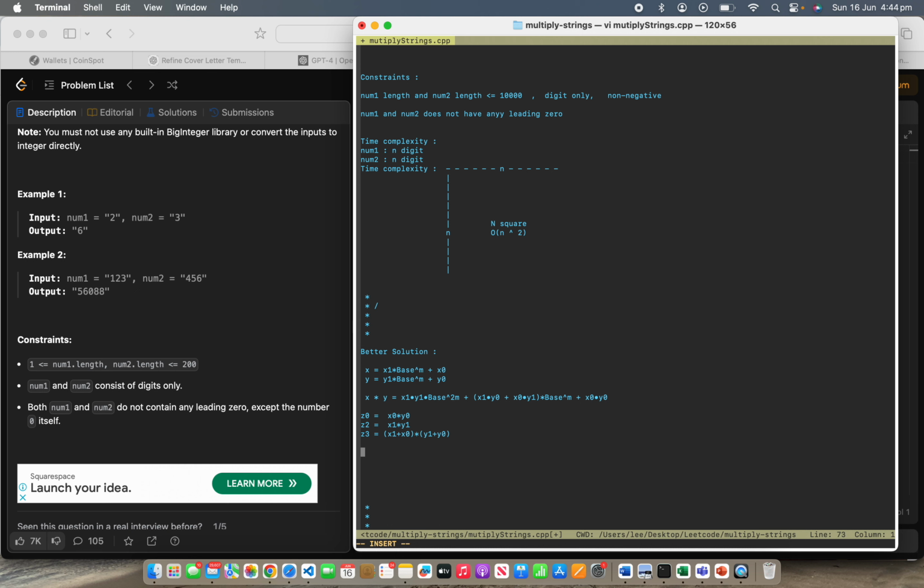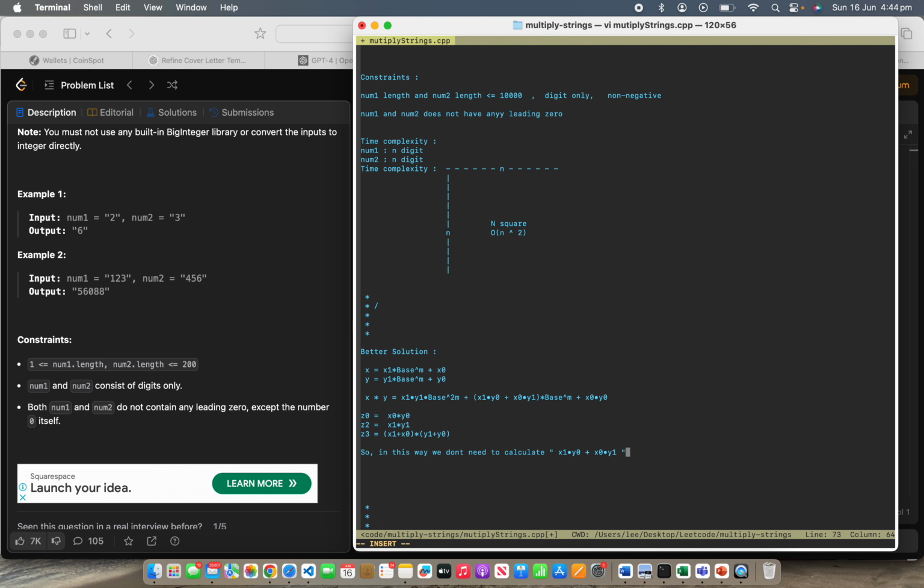Okay, so this time we don't need to calculate this one. This way we don't need to calculate the x1 times the y0 plus x0 times y1, which is the most complete part.